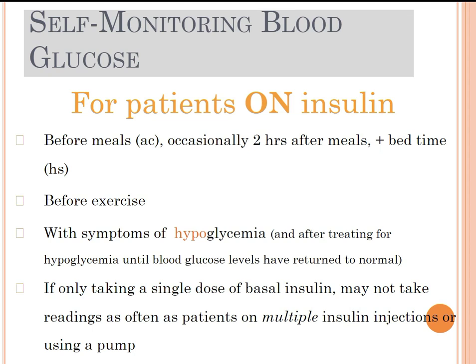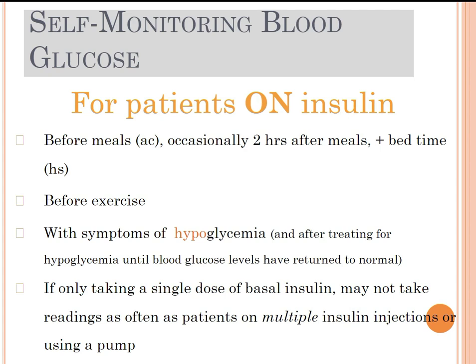People who are on insulin have the highest risk for hypoglycemia, especially people who are taking several doses of insulin a day. So people who are on insulin will be taking their blood sugar multiple times a day, usually before meals and at bedtime, and occasionally they'll be taking their blood sugar levels after meals, and it should be at least 2 hours after meals if they do so.